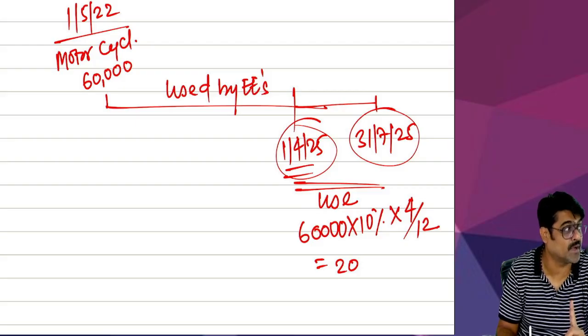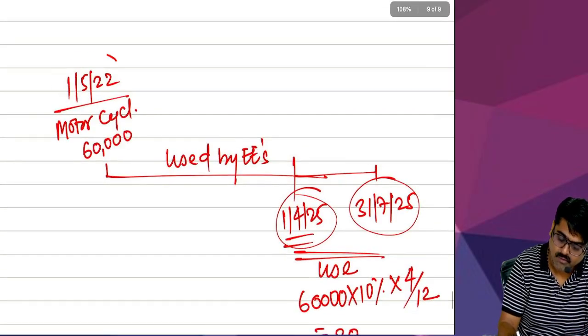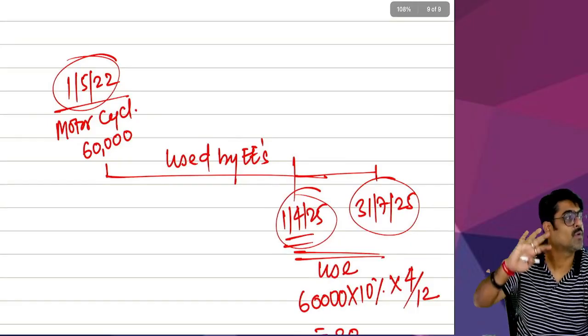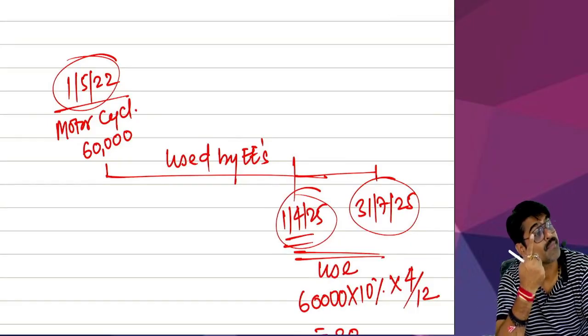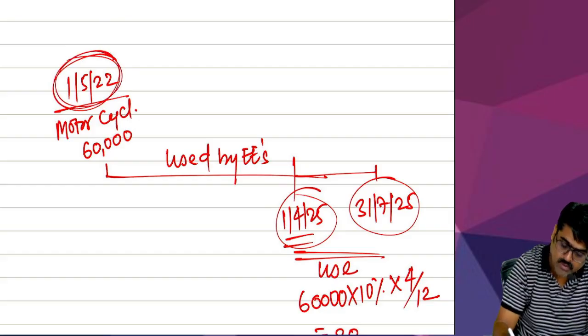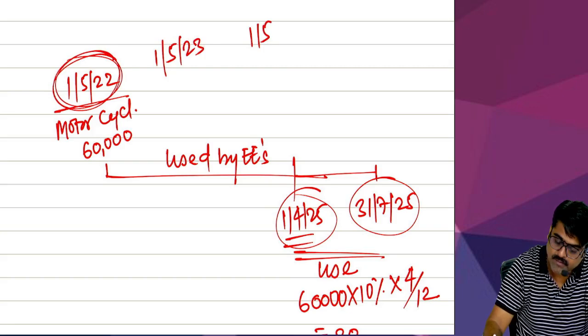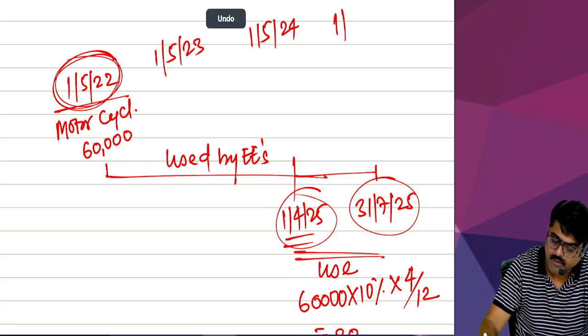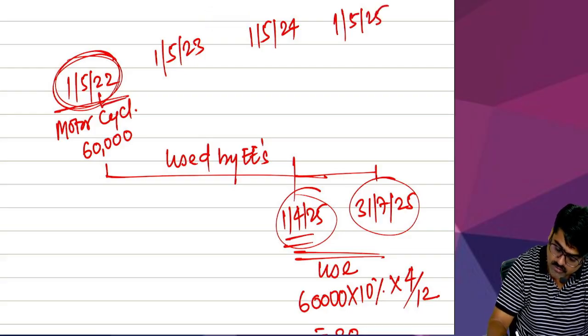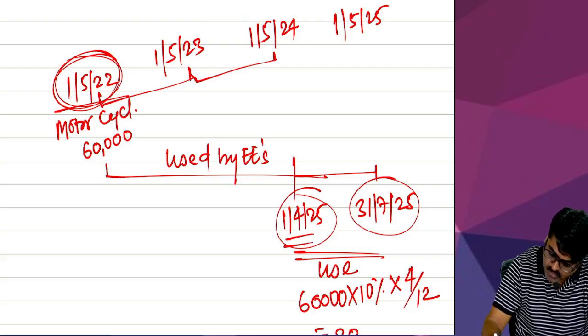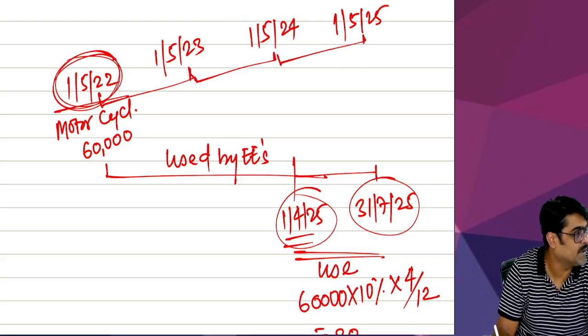Can I say 1st May 22 to 1st May 23, 1st May 24, 1st May 25? Yes or no? How many years? 1, 2, 3 completed years of use.